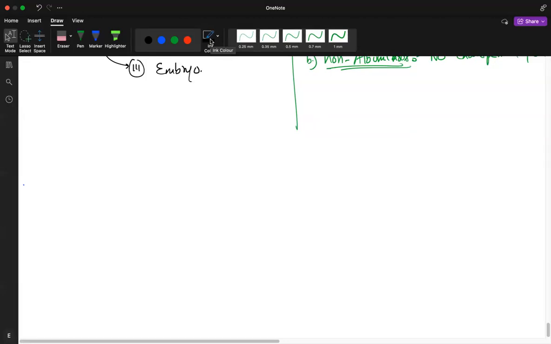So in that case, write down: in some plant species, fruits can develop without fertilization.